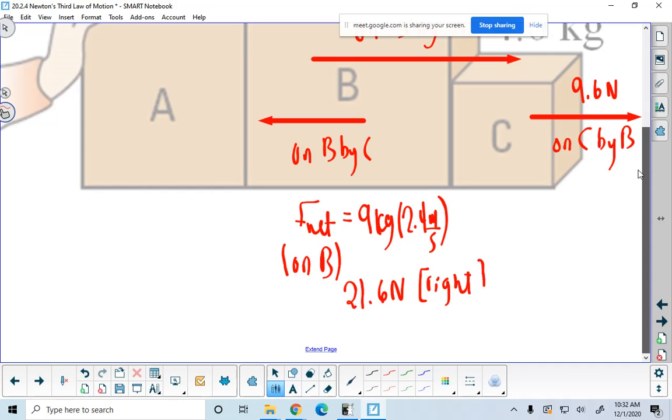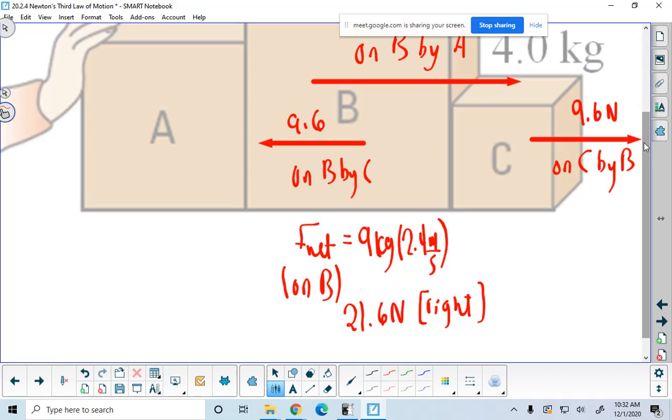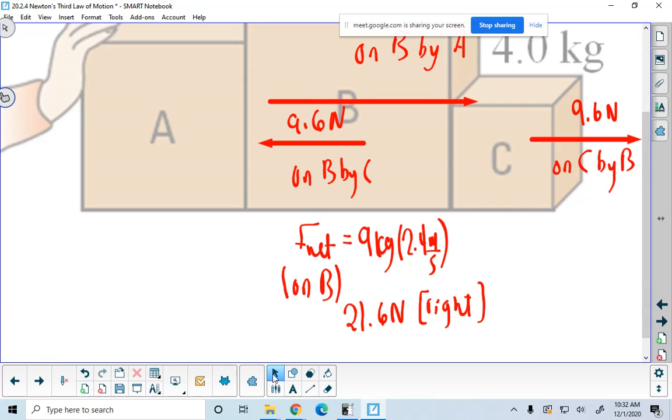Now I could use a formula here or more algebra, but think about this. This is 9.6 newtons to the left. If we want a net force of 21.6 newtons to the right, I'm going to stack these on top of each other so you can see, that means that the net force is this. That force on B by A must be more than 21.6 newtons because we're going to lose 9.6.